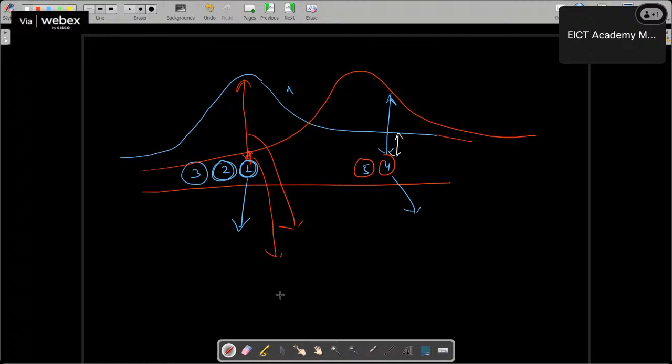Now again we have to recalculate the likelihood, not the centroid. In K-means we recalculate the centroid on the basis of distance, but here we recalculate the likelihood.